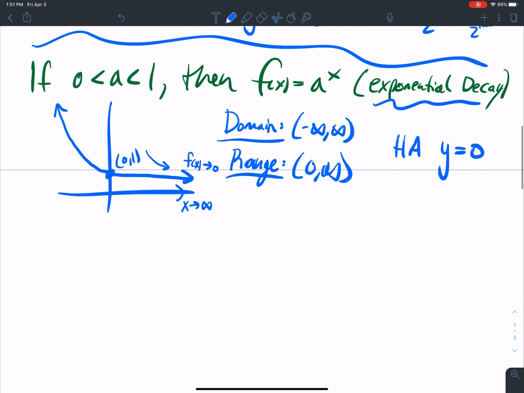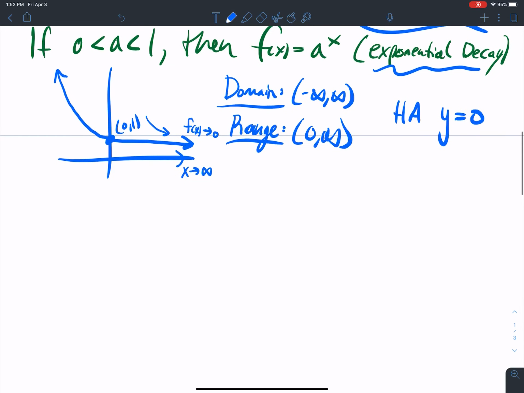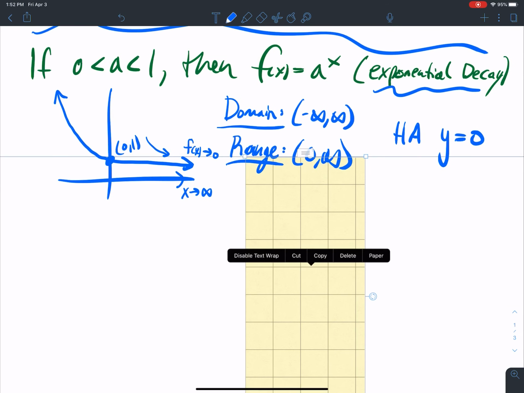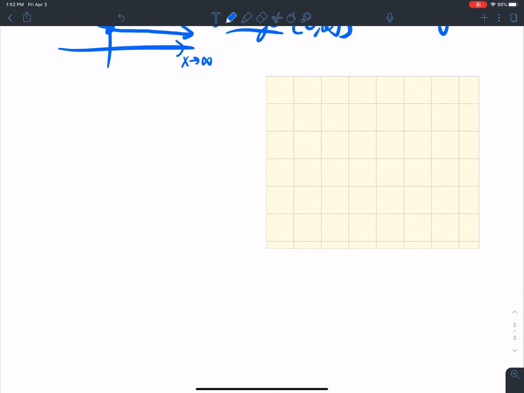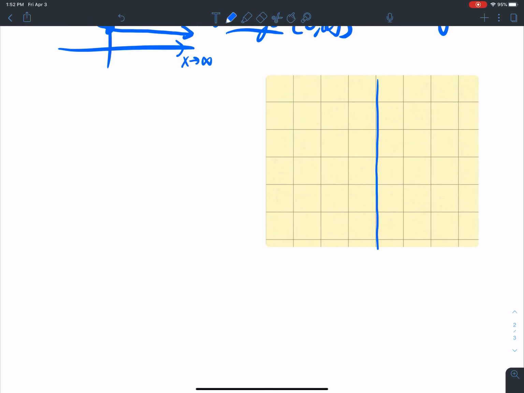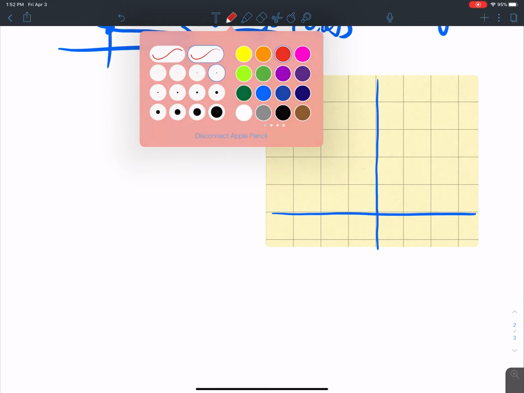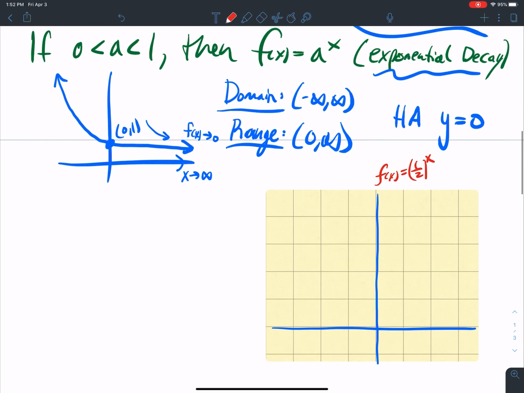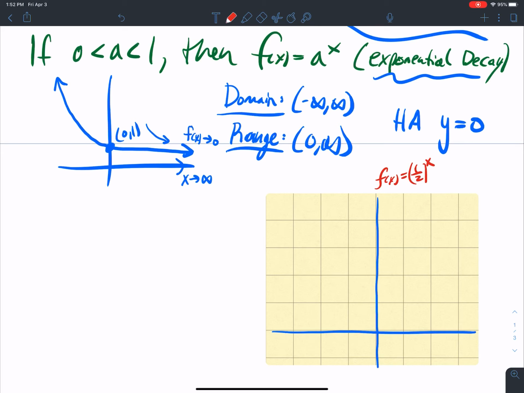So, an example you might have here, you might be given some graph. Let's do f of x equals 1/2 to the x. So my base is less than 1, greater than 0.